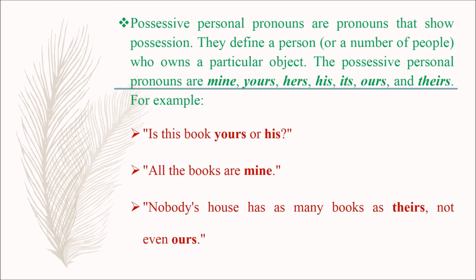Next, let's see about possessive personal pronouns. Possessive personal pronouns are pronouns that show possession. They define a person or a number of people who owns a particular object. The possessive personal pronouns are mine, yours, hers, his, its, ours, and theirs. For example, is this book yours or his?